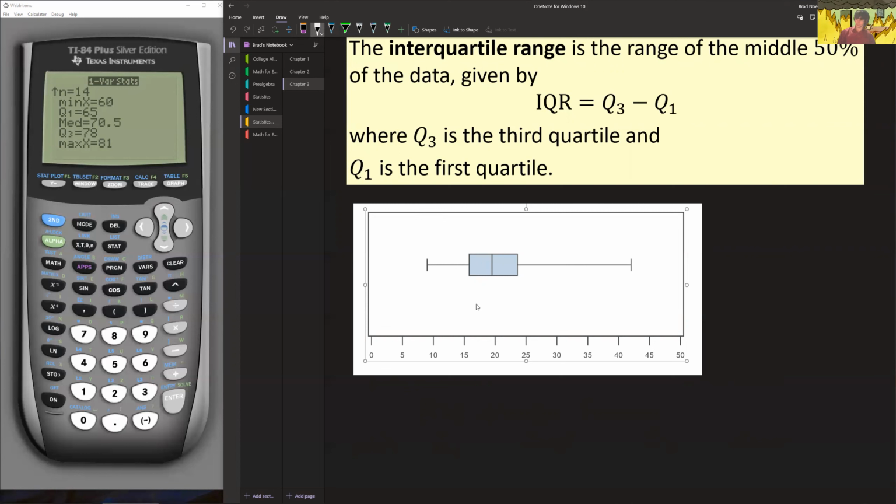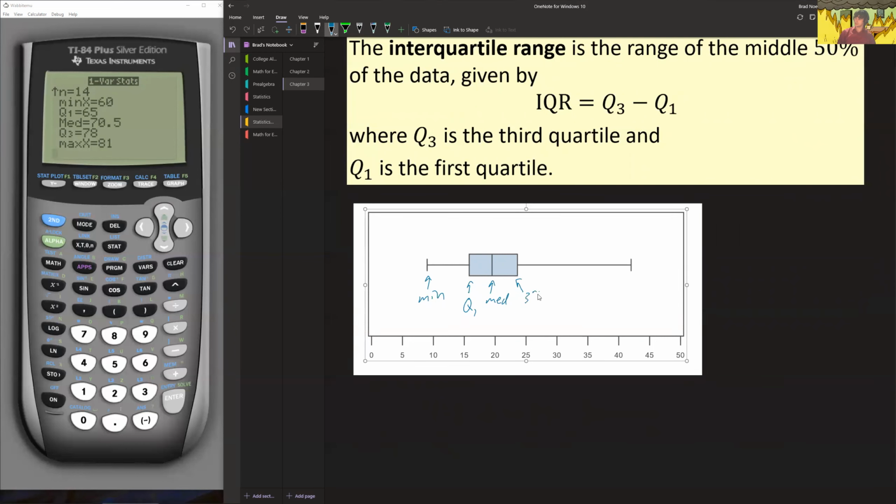It's called a box and whisker plot because we've got a box and we've got these little whiskers. This here corresponds to my min. This is my first quartile. This is my median.